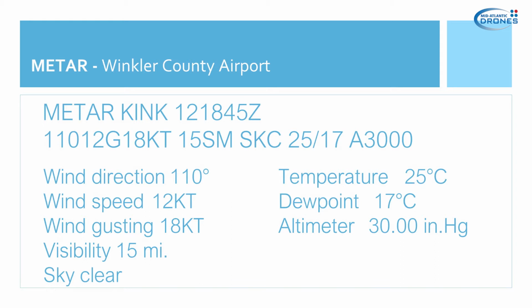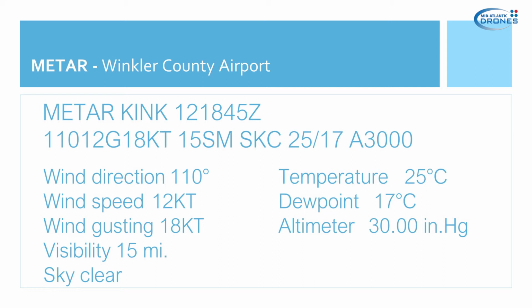So Zulu time is GMT time or international time, right? So we don't go by Eastern time or Pacific time or Mountain time or anything like that. In aviation, we use Zulu time. These numbers mean that this METAR was generated on the 12th day of the month at 1845 Zulu.